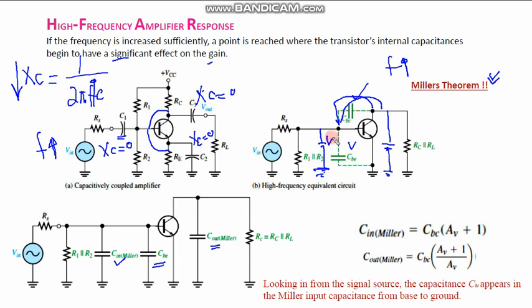The input Miller capacitance is given by CBC times (gain plus 1), no need to derive this equation, and C out is given by another equation, also no need to derive.